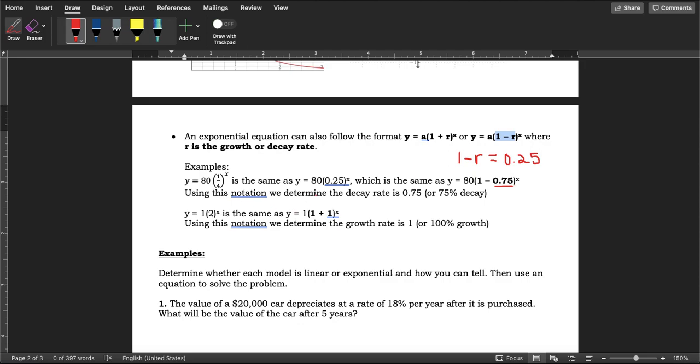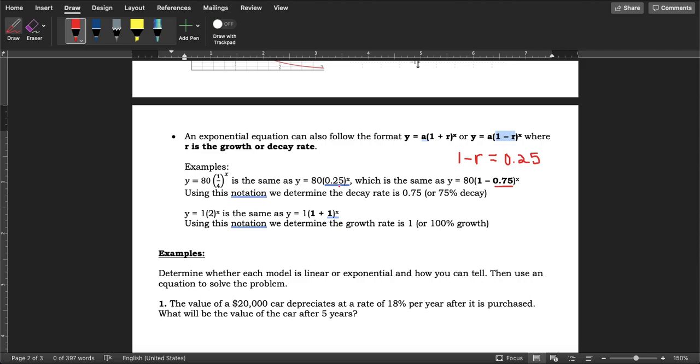Using this notation, we determine the decay rate is 0.75 or 75% decay. Basically meaning that every single time we're decreasing the numbers by 75%. And that makes sense if you think about it, because if we're multiplying by 0.25 consistently, that means the numbers are only keeping 25%.